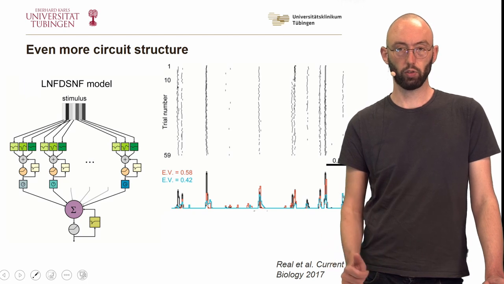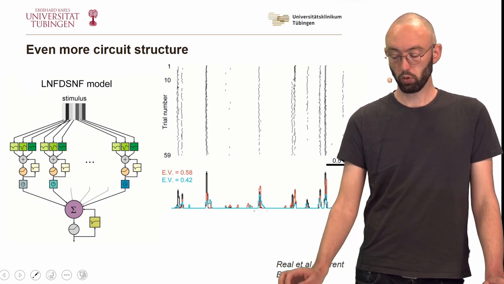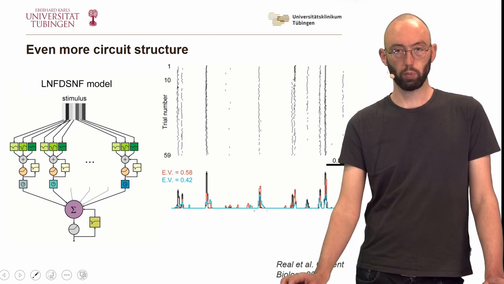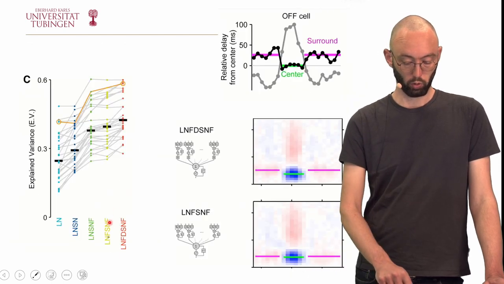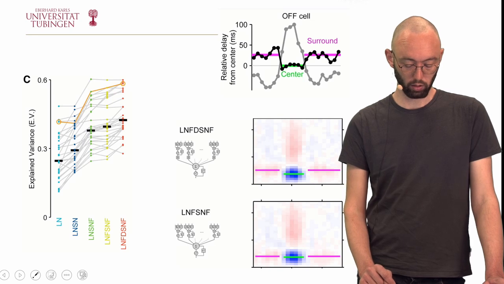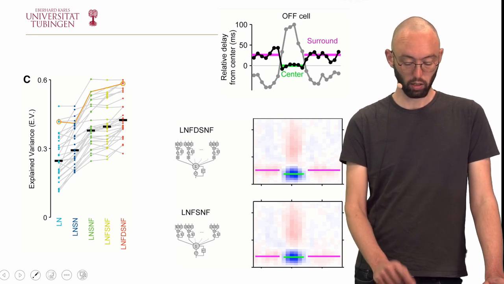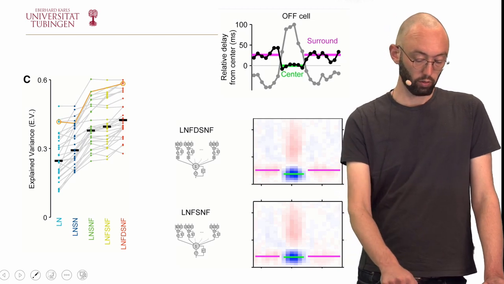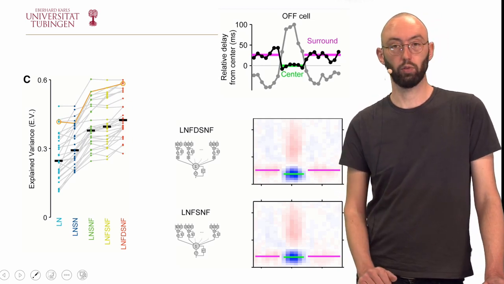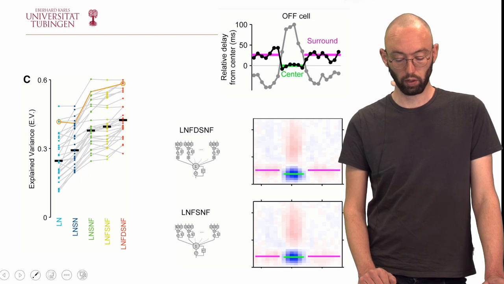And if we build a hierarchy of such models, then we can get closer and closer to predicting the spike trains, in this case of ganglion cells in the retina. So the most complex model here is a linear, nonlinear feedback delay, some nonlinear feedback model. And this actually on average predicts neural activity of ganglion cells the best.